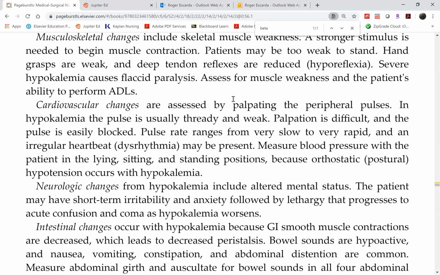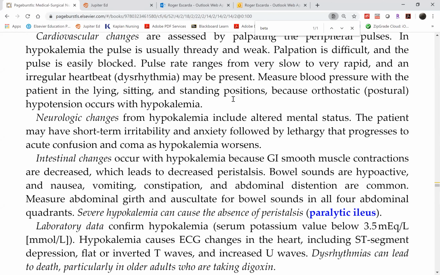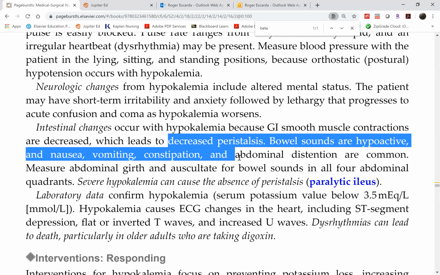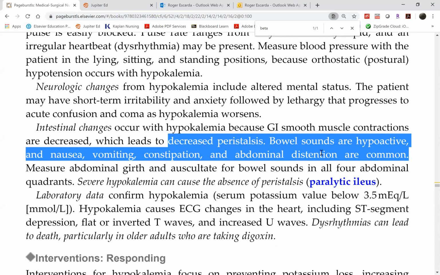Or if they feel miserable, look at the intestinal changes. If you have hypokalemia, look at the GI symptoms. Decreased peristalsis, so the patient is bloated, they have nausea, vomiting, constipation, distension. Again, common in most post-op patients, right? So it could be an electrolyte imbalance causing the decreased peristalsis on top of the effects of your anesthesia and pain medications.